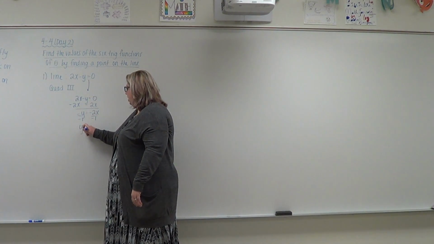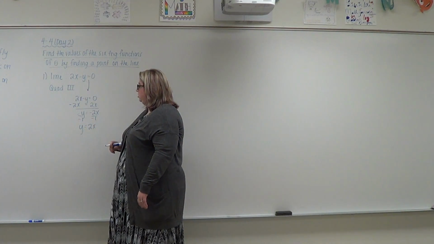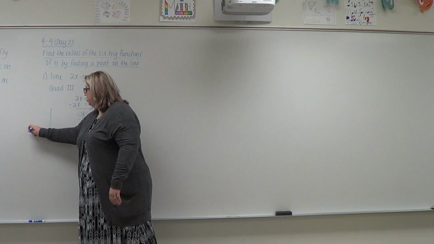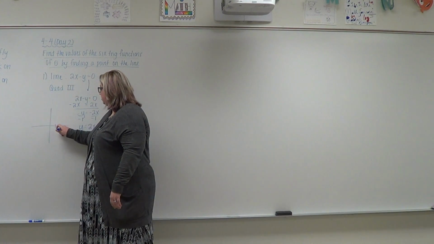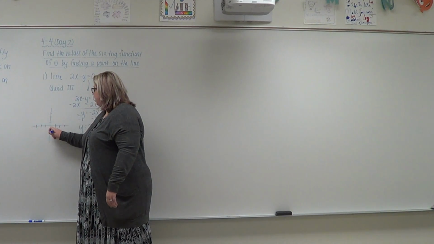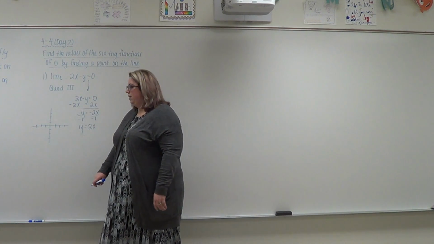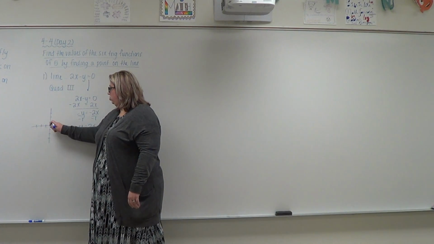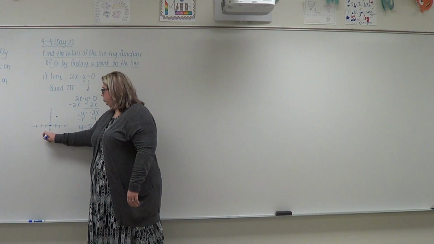So then I get y equals 2x. So if I want to graph this, well, my y-intercept is 0, and my slope is 2, so I go up 2, right 1, or I could go down 2, left 1.